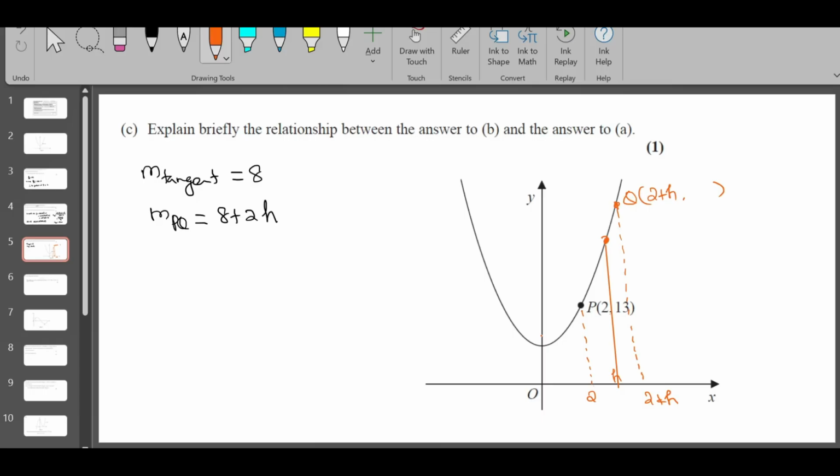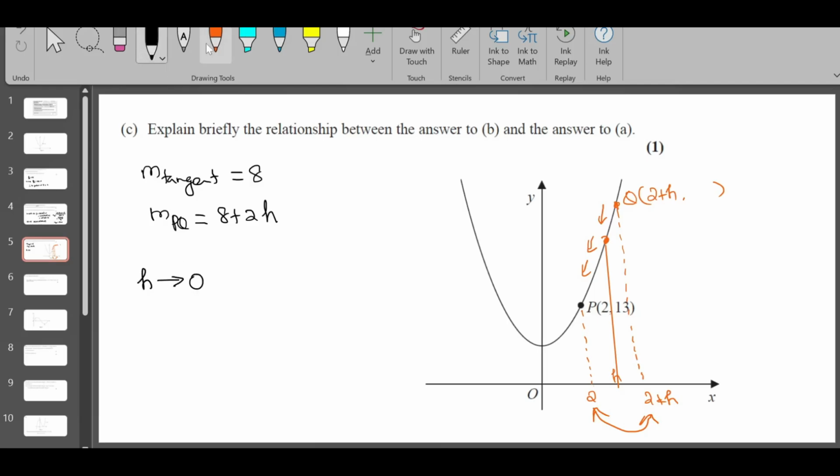So the h becomes smaller. That means the distance between these two is the h, right? The h becomes smaller. So as you move this point closer and closer to P, the h becomes smaller and smaller and smaller. So what will happen when h becomes 0?